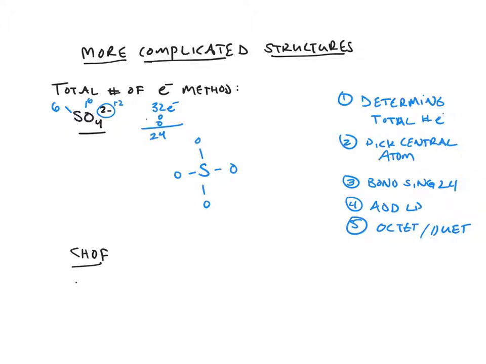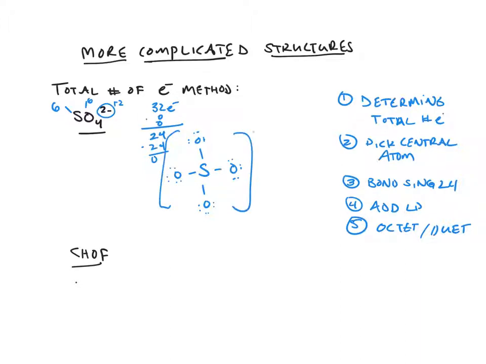So I'm going to add electrons until everything has an octet and see where that gets me. 2, 4, 6, 8, 10, 12, 14, 16, 18, 20, 22, 24. So I've added 24 electrons, so I don't have any left in my pile, but each oxygen has 2, 4, 6, 8 electrons. The sulfur has 2, 4, 6, 8 electrons, so everything has an octet. Everything has the right amount, and my structure contains the right amount of electrons.